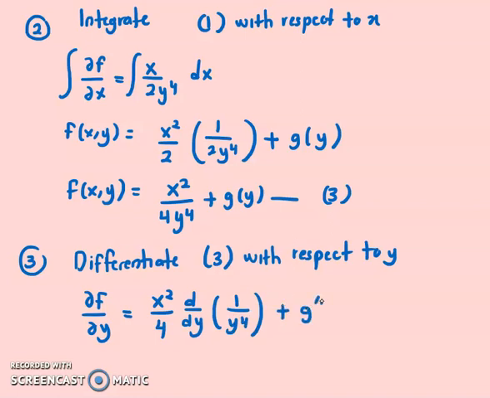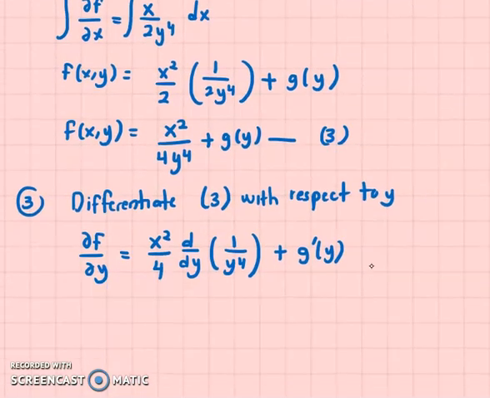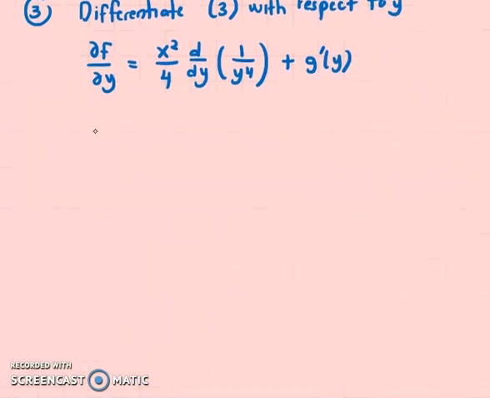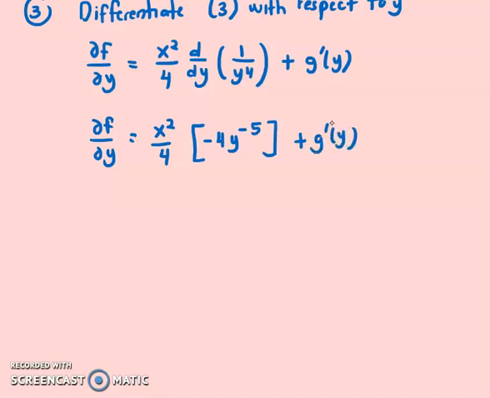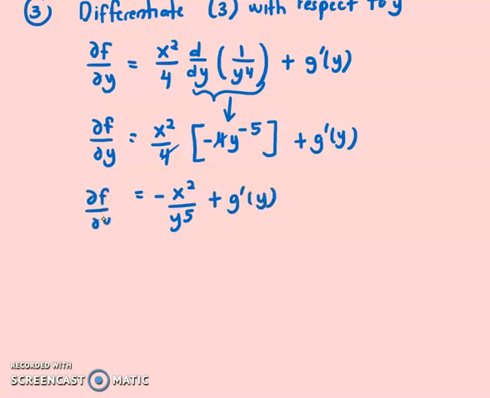Differentiating this will give me g prime of y. So simplifying, we have partial f over partial y, x^2 over 4, we have negative 4y^-5 plus g prime of y. So I just differentiate this to get that. Simplifying again, we have negative x^2 over y^5 plus g prime of y. So this is my partial f over partial y.